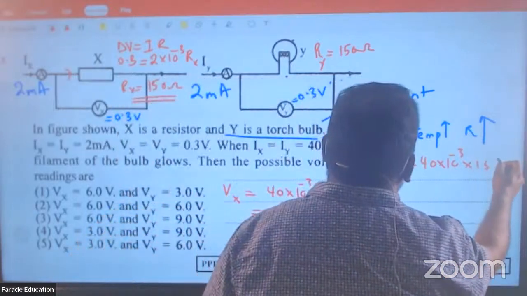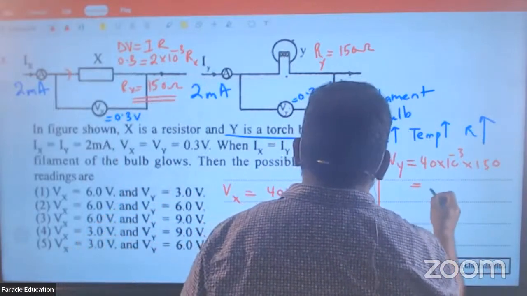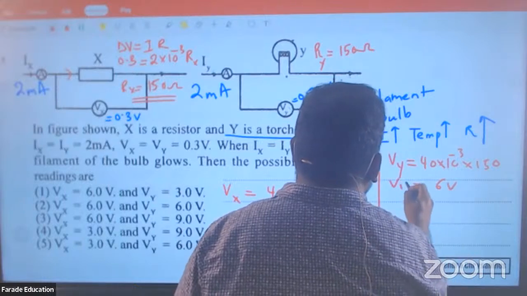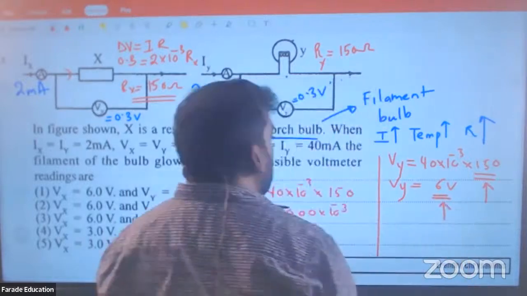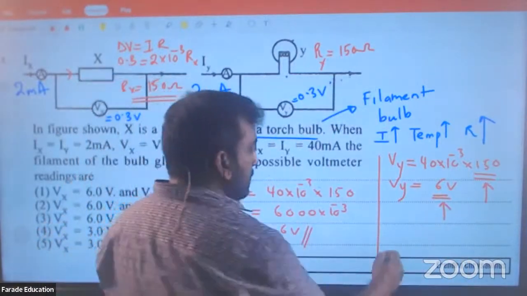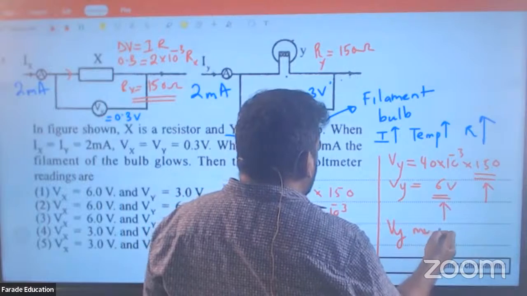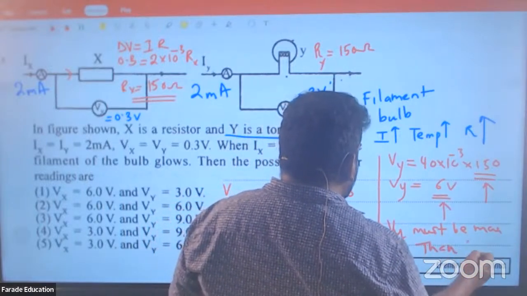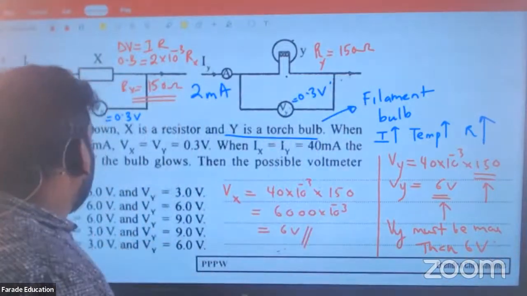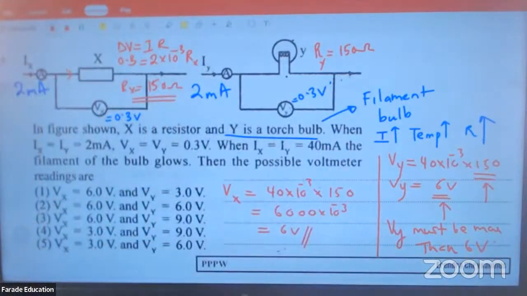Let's say resistance is 150, 6 volt here. Resistance technically increases, so voltage will also increase. Voltage is going to be more than 6. Vy must be more than 6 volt. So Vx is 6 volt. More than 6 volt, only one answer is there, 9 volt. Correct answer is answer 3.